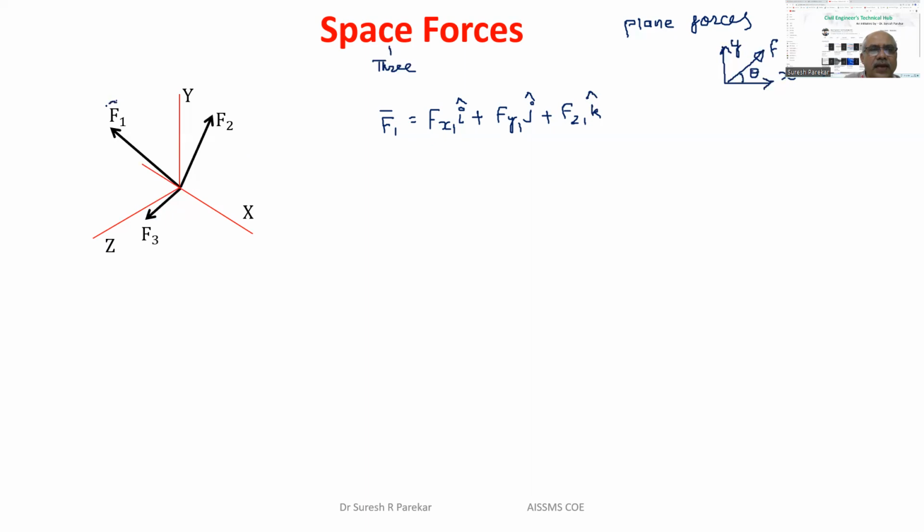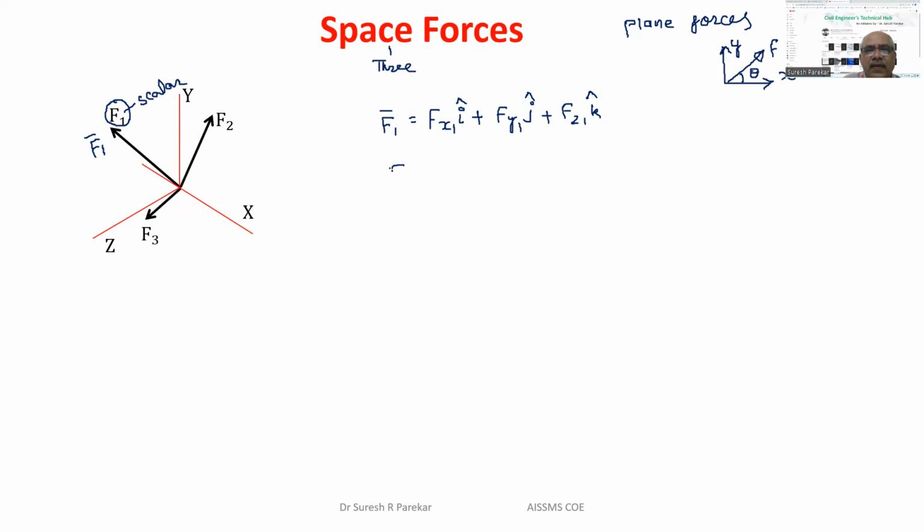We are talking about F1 only. So F1 bar is Fx1 i plus Fy1 j plus Fz1 k, which are the components of the force along the X, Y, and Z directions. Now we have the magnitude of this force, F1. F1 bar is a vector, and F1 is a scalar.